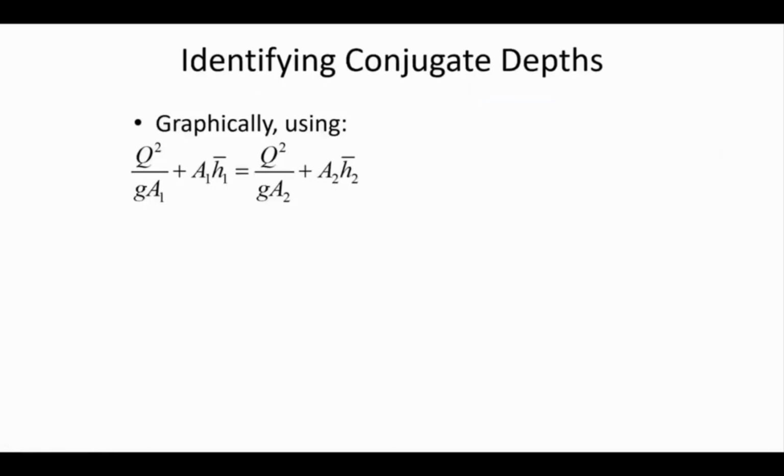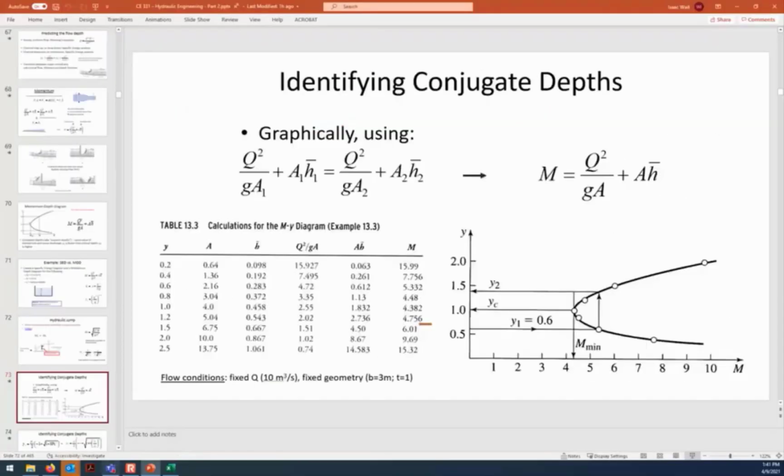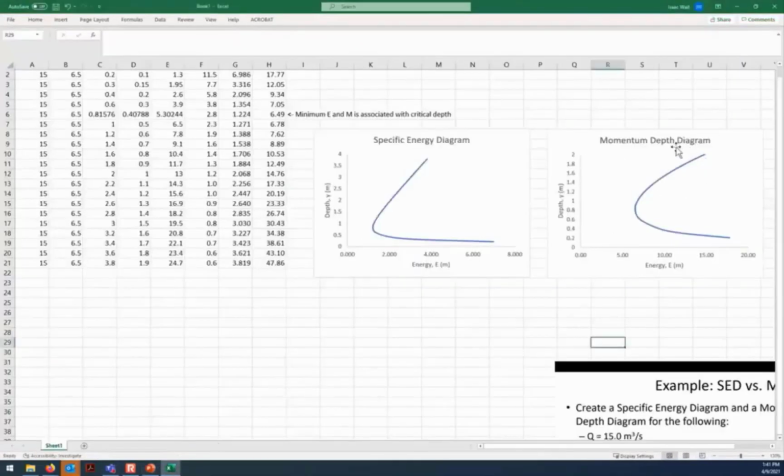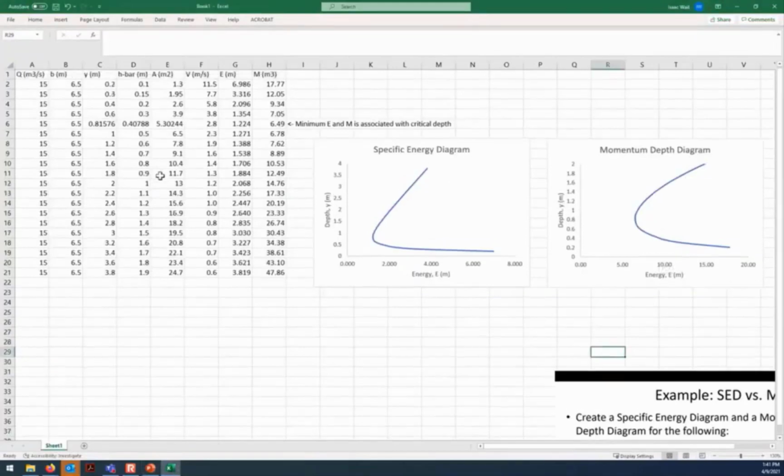So conjugate depths are those depths that have the same amount of momentum but different depths. So we've just calculated the momentum function here, and so there are two different depths that have the same amount of momentum. For instance, if we just look at, this is almost 10, what would it take if we did like 0.38?